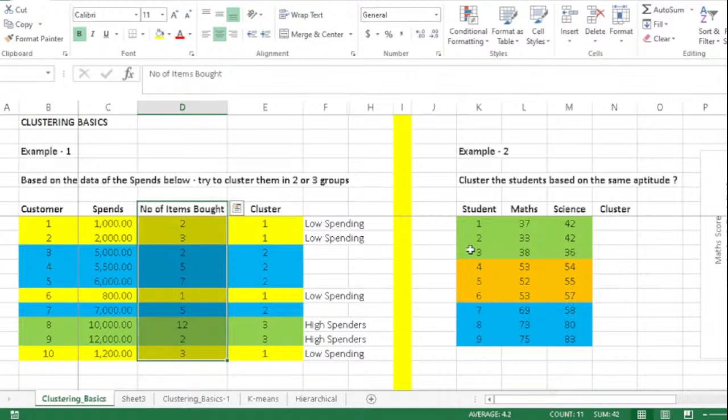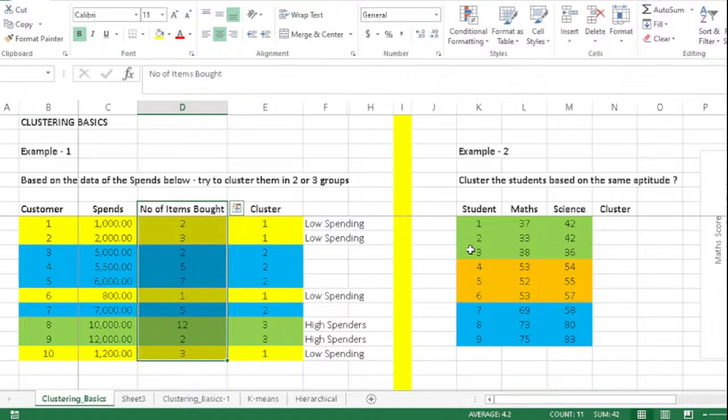Now, whenever a business wants to create strategies for customers, it's not going to create a single strategy for all the customers. Does it? For example, if you talk about credit cards, they are going to give you promotions depending on what you spend.